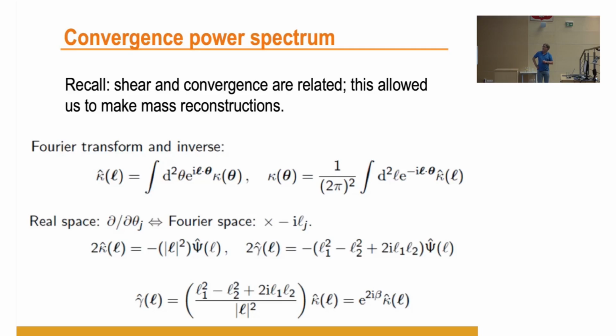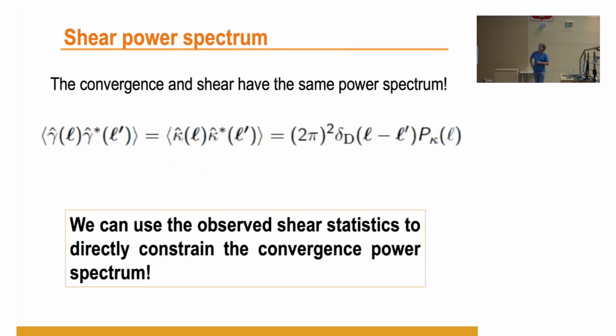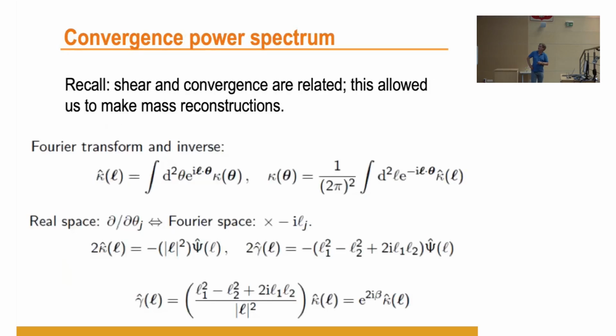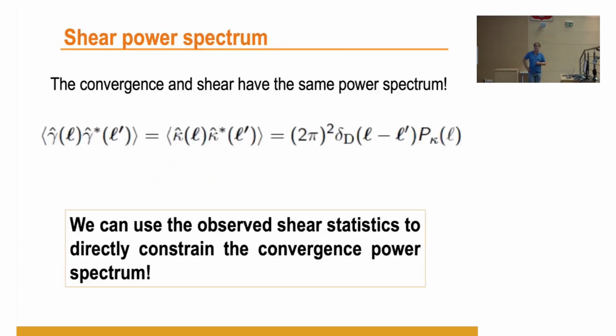And that's interesting because, okay, it doesn't seem obvious, but if you look now at the power spectrum, you take the modulus of this, and this has a modulus of 1, right? So if you look back here, I take the correlation function of this, which then becomes 1 times the correlation function of the convergence.